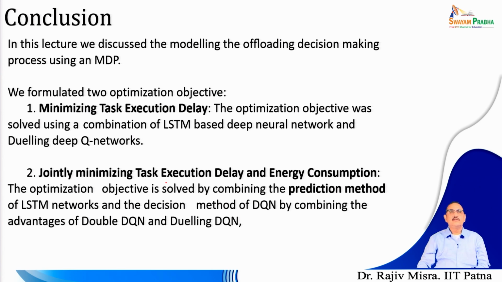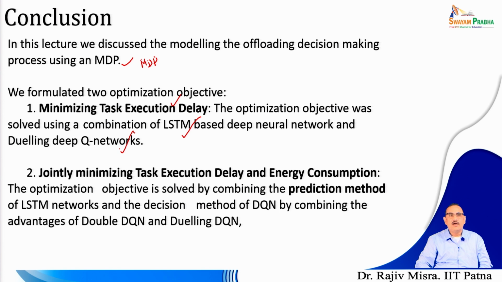So, conclusion. In this lecture we covered modeling the offloading decision making process using a Markov decision process, and we formulated two optimization problems. One is minimizing the task execution delay, where the optimization objective was solved using a combination of LSTM based neural network and dueling deep Q networks.